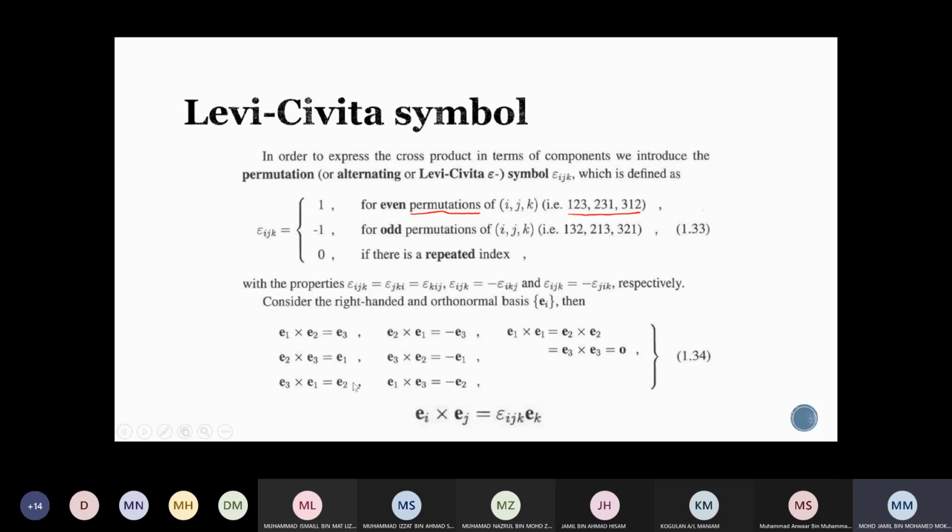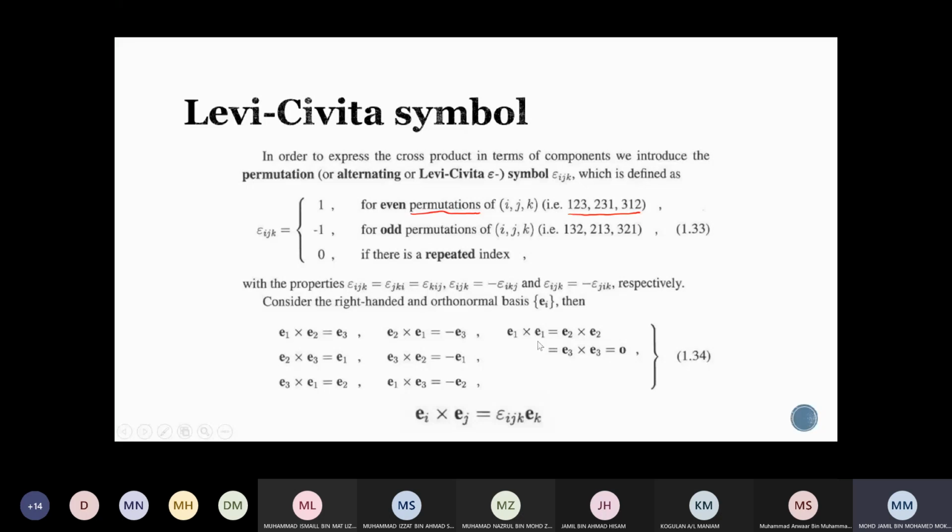So for odd permutation, E3 cross E2, 3 sepatutnya followed by 1, but this time it follows by number 2. So you get negative E1. Similarly, E1 cross E3, sepatutnya E1 cross E2, tapi it crosses E3, so it becomes negative E2.